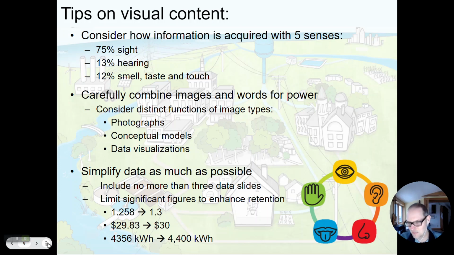And so if you can simplify that, round that to 1.3, people are much more likely to remember it, just as saying $29.83 is much more difficult for someone to remember than simply saying $30. So lots of examples of ways to sort of simplify information so that you're not asking too much of people's memory.